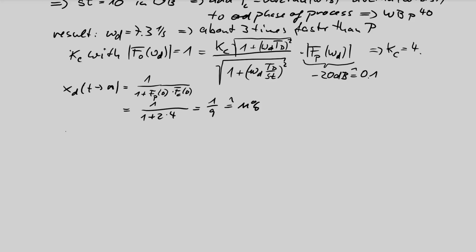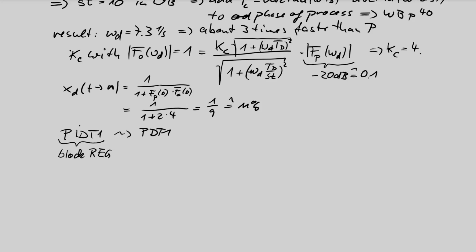Now I show you how I can change a PIDT1 block into a PDT1 block, because this block is available in my simulator block registry, but you can do this in any other program or system where a PIDT1 is available.